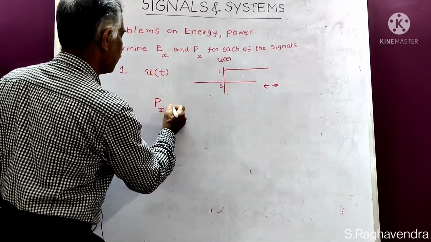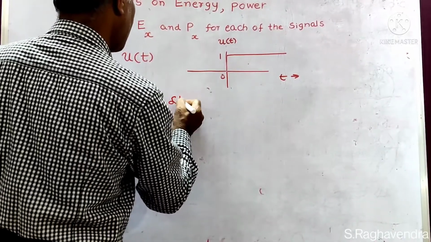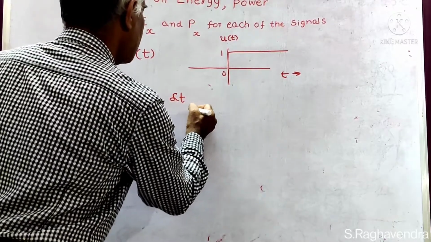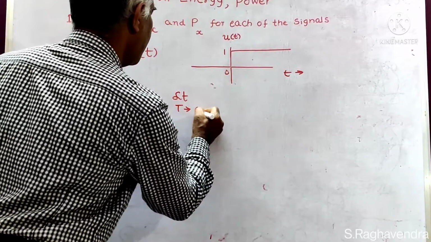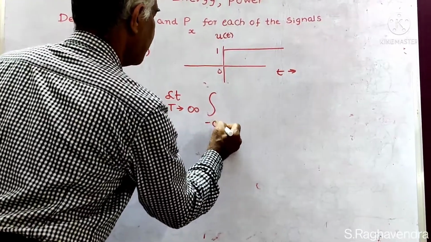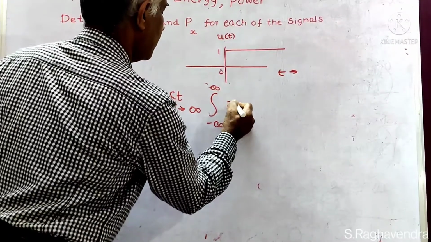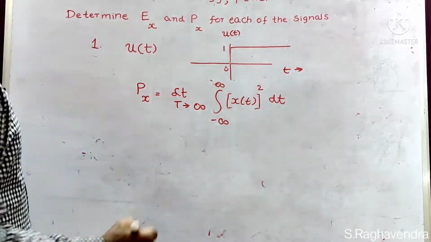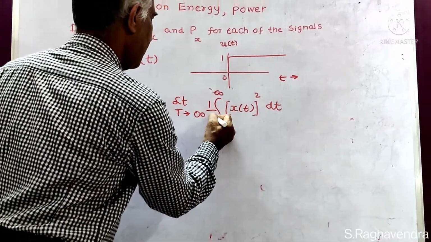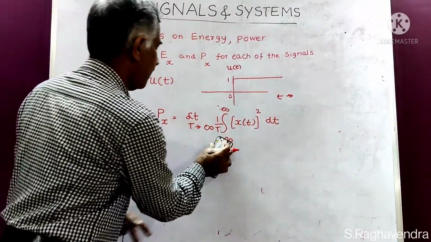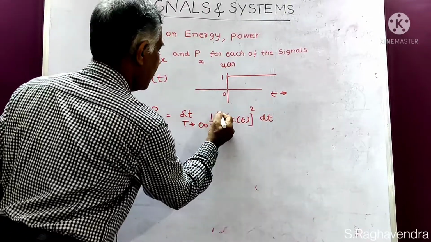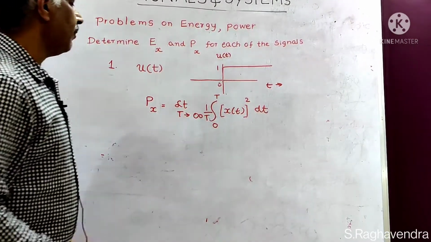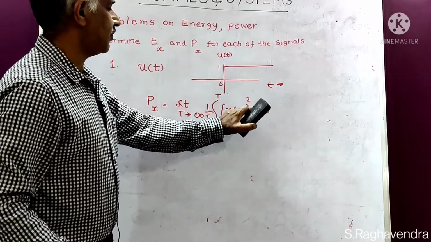Therefore power Px equals limit t tending to infinity of 1 by t, integral 0 to t of x(t) square dt.